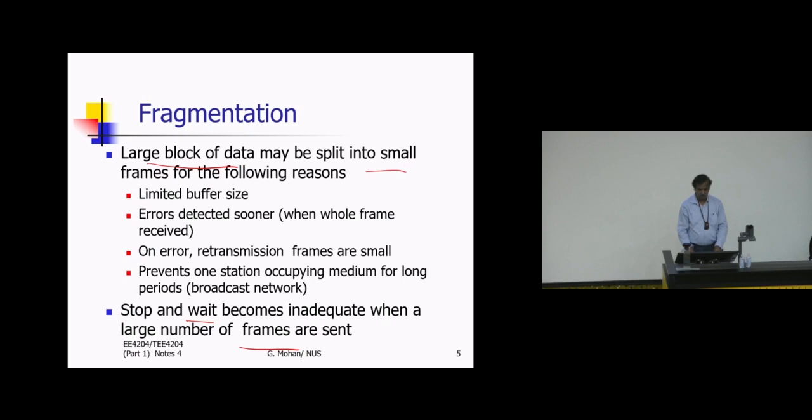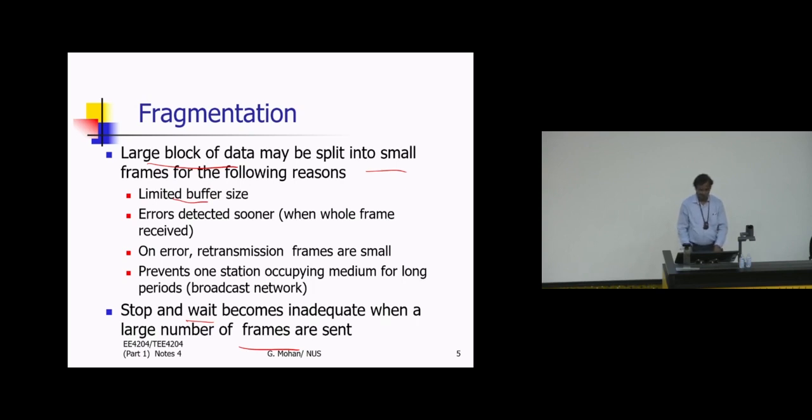Why should we send small frames? There are a few reasons, not listed in the order of importance. Why send a small frame, why not a big frame? In tutorial 1, we have already seen an example where sending short frames makes the transfer faster.